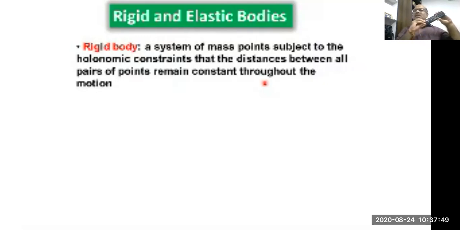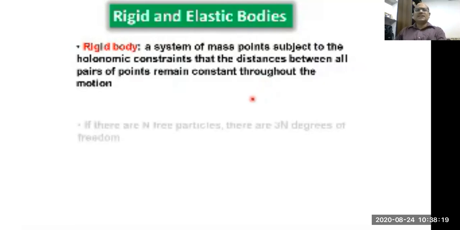I am applying force on the entire object, so all the buttons of the remote are moving in the same manner, in the direction of the applied force. So objects where the distances between any pairs of points remain constant throughout the motion are considered rigid bodies.